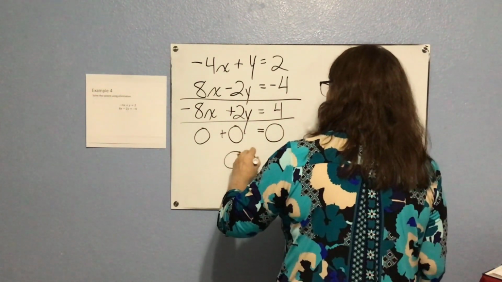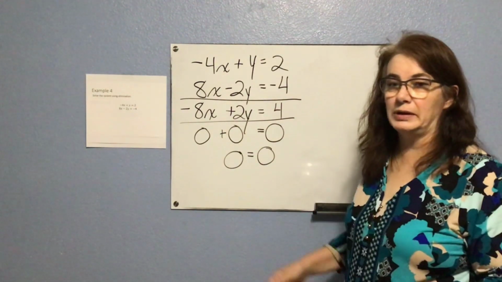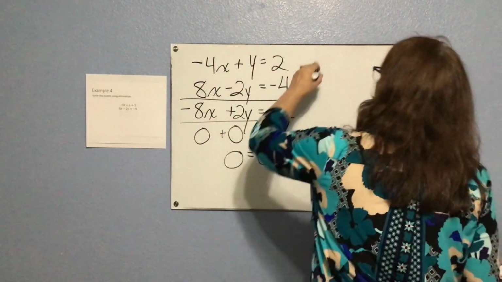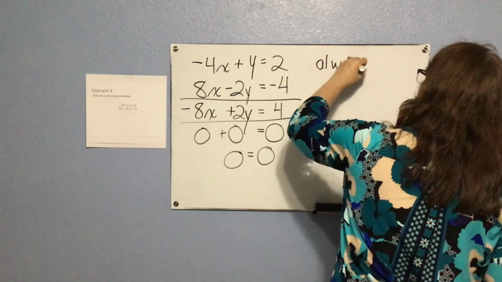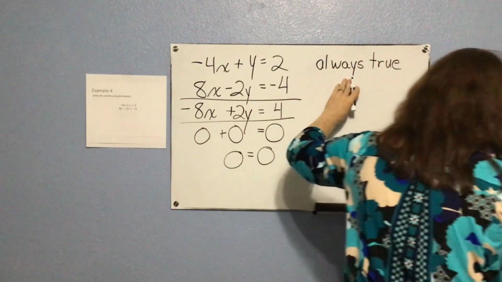So I have 0 equals 0. When is it true that 0 equals 0? It's always true.